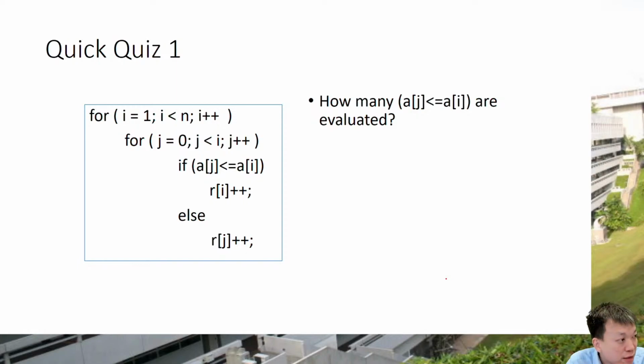How about this? How many of this AJ comparison are evaluated in the given two repetition structures? On your right hand side, the two for loops, how many do I take? How many of this particular operation are evaluated?